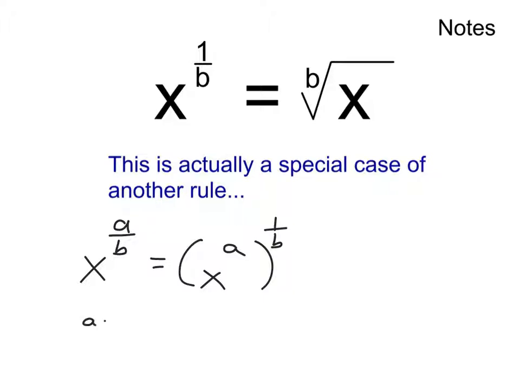Because a times 1 over b equals a over b. And so those are the same. But by writing it that way, it shows me how I can then change it into a form that looks like this, using the same rules we see up there, because I can now turn it into the b root of whatever is to the power of 1 over b, which is x to the a.